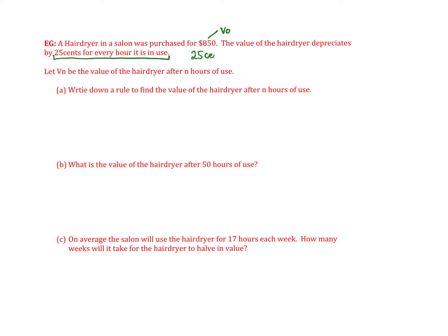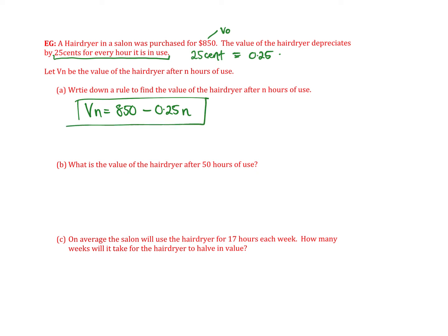All right, so this cents should be 0.25. Okay, write down our VN formula. It's going to be the original price minus 0.25 times N. So this was our V0 and this was the D.